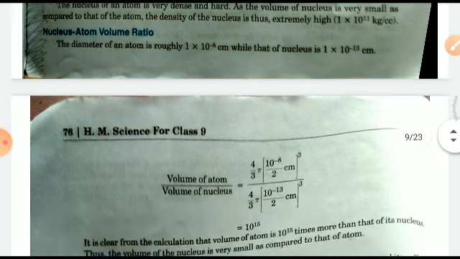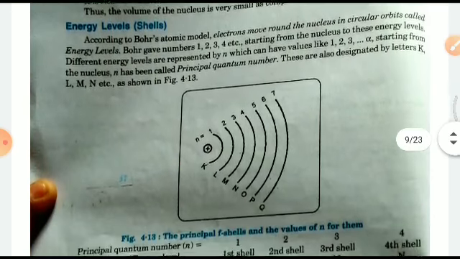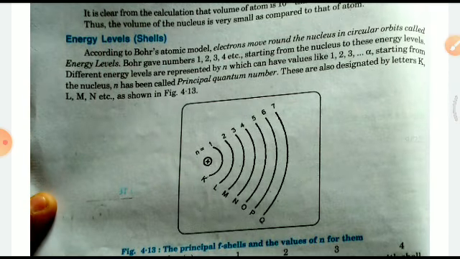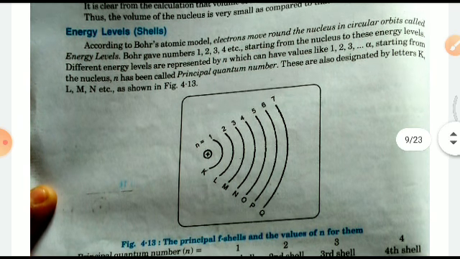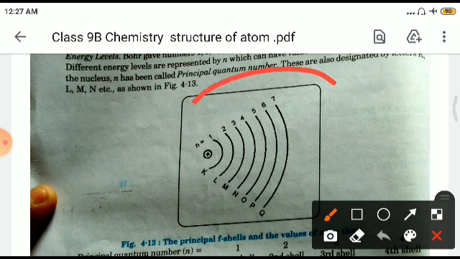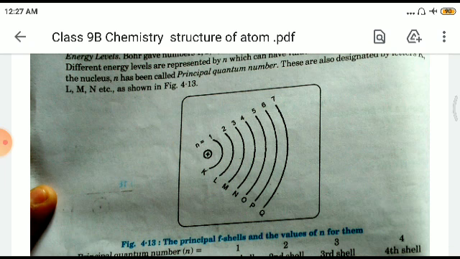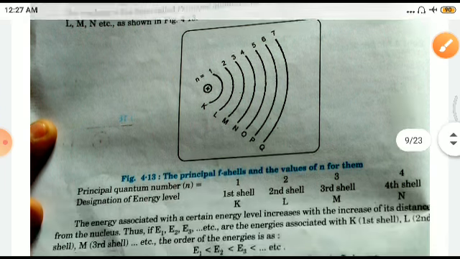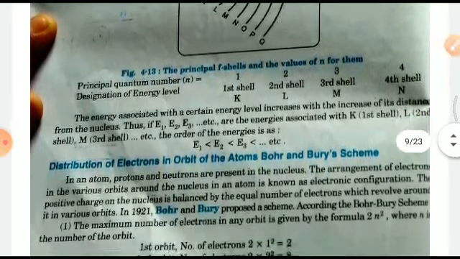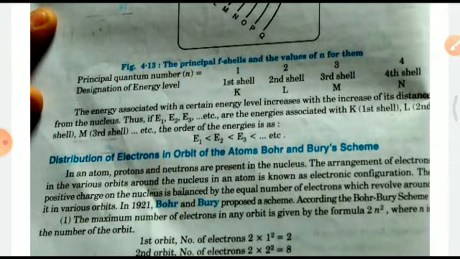Then he gave the concept of energy levels or energy shells, numbered 1, 2, 3, 4, and later designated as K, L, M, N, O, P, Q. You need to study this diagram. The principal quantum number n equal to 1 is the first shell, K; 2 is the second shell, L; 3 is the third shell, M; and the fourth shell is N.